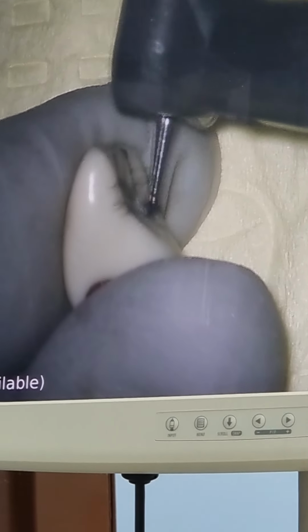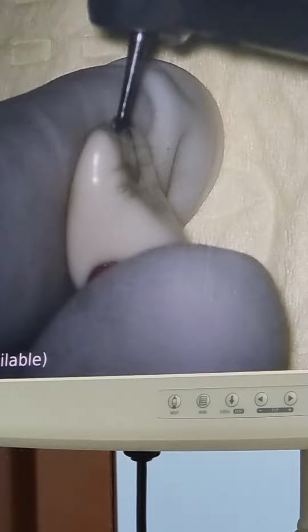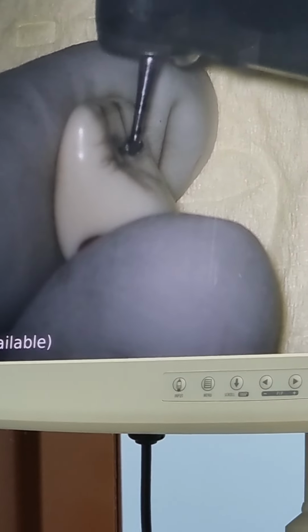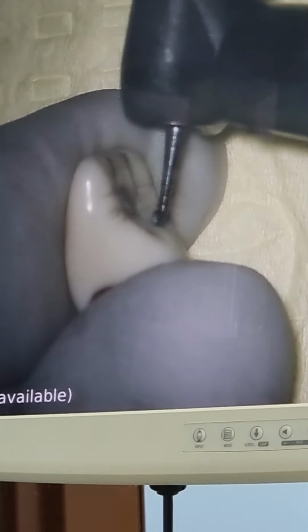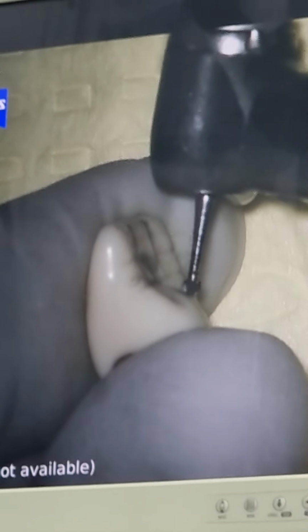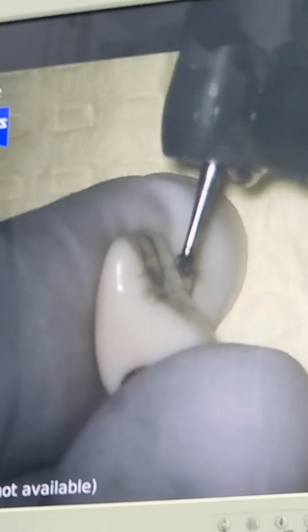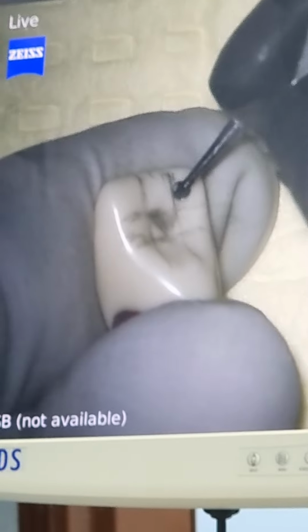Why? Because as a beginner, the surface is sloping, so there are chances the bur may slip. But later on, once you have the skills, you can start parallel. Initially, start perpendicular to the lingual surface, and start cutting the tooth according to your outline form.